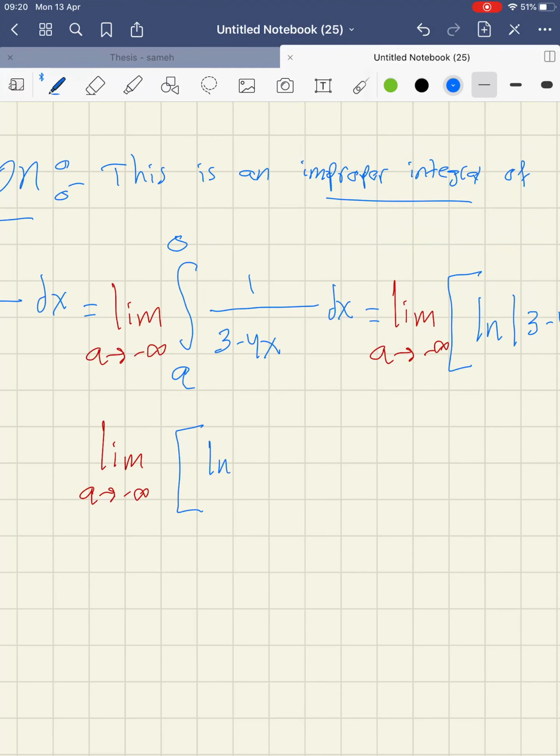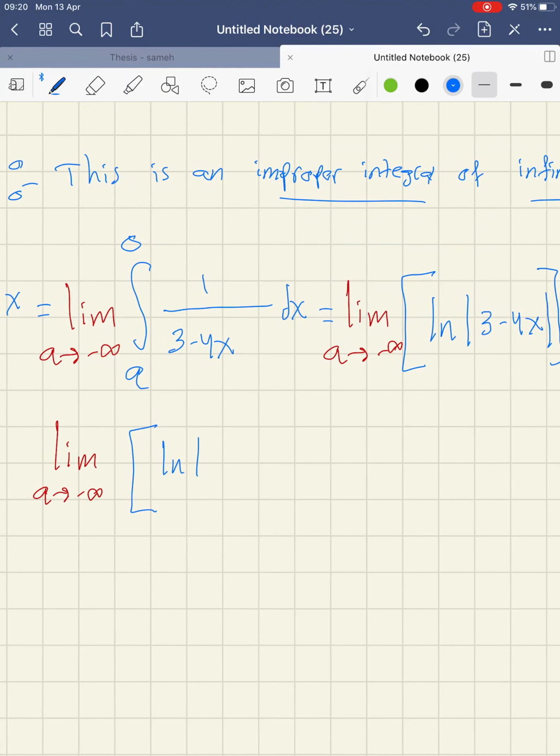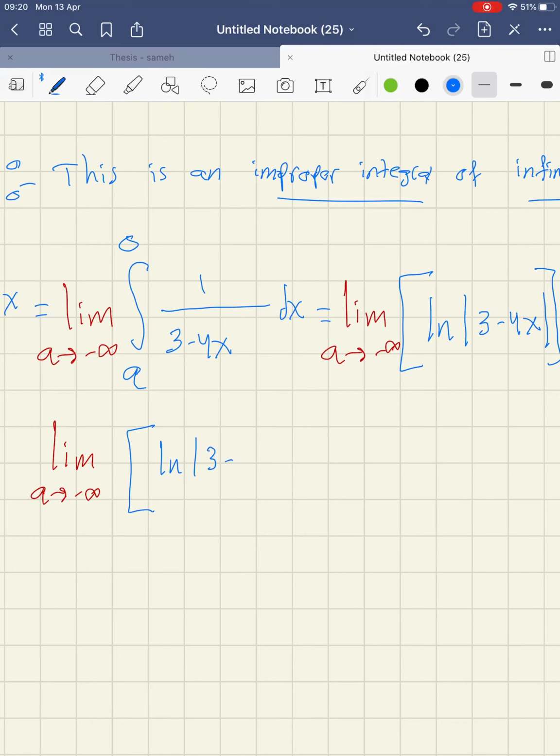And this is just ln 3 minus 4a minus ln 3 minus 4 times 0.